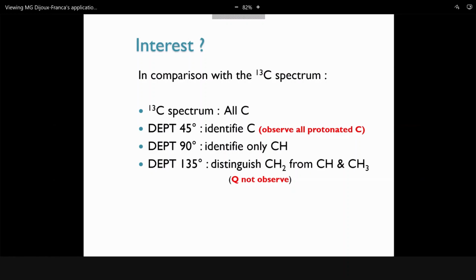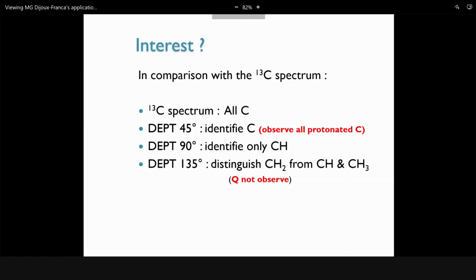And with the DEPT 135, we distinguish CH2 from CH and CH3. And we don't observe any quaternary carbon.